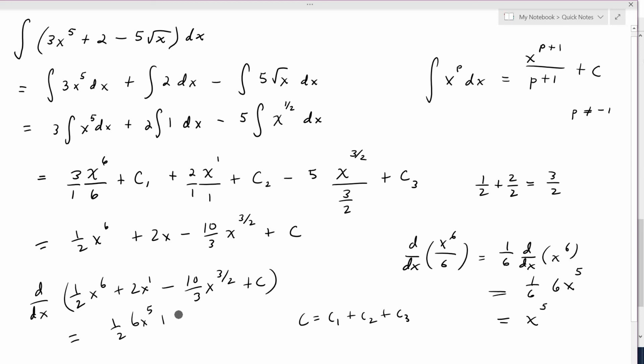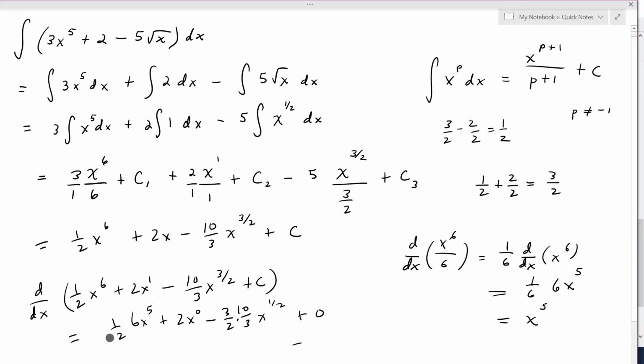Here the 1 comes down and multiplies by the 2, and you subtract 1, so you get x to the 0. And then here the 3/2 comes down and gets multiplied by the 10/3, and you subtract 1 from this exponent, and that leaves you with 1/2. And of course, the derivative of a constant would be 0.